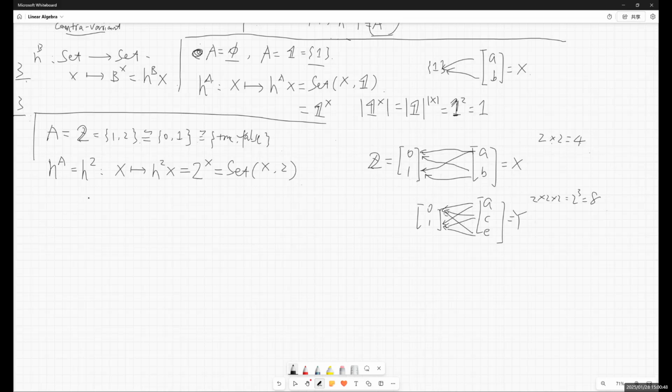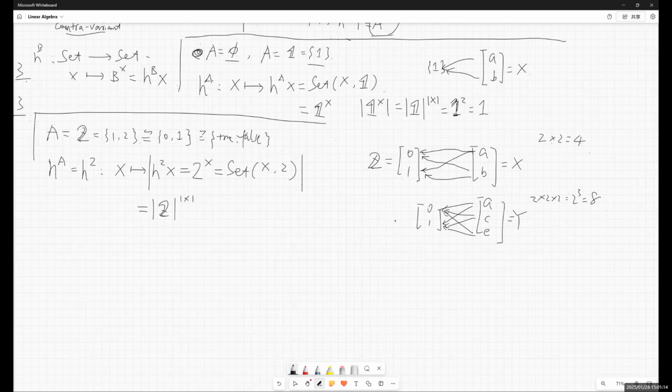So the cardinality of the hom set is the cardinality of 2 to the power of the cardinality of X. Good.